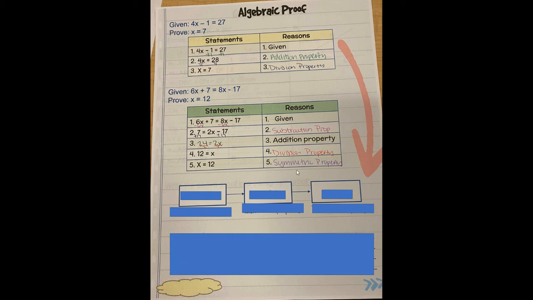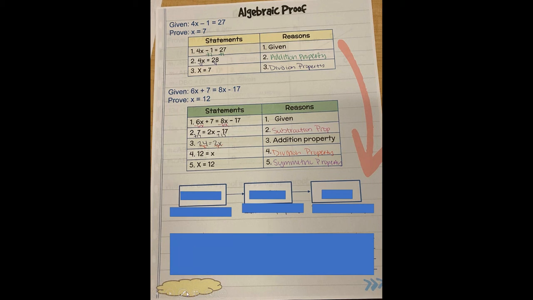Flip back to those properties. A lot of times on these algebraic proofs, you get a number equals x, but you're asked to prove x equals a number. You have to switch them, and that last step is the symmetric property. This final step has to be whatever you are trying to prove.